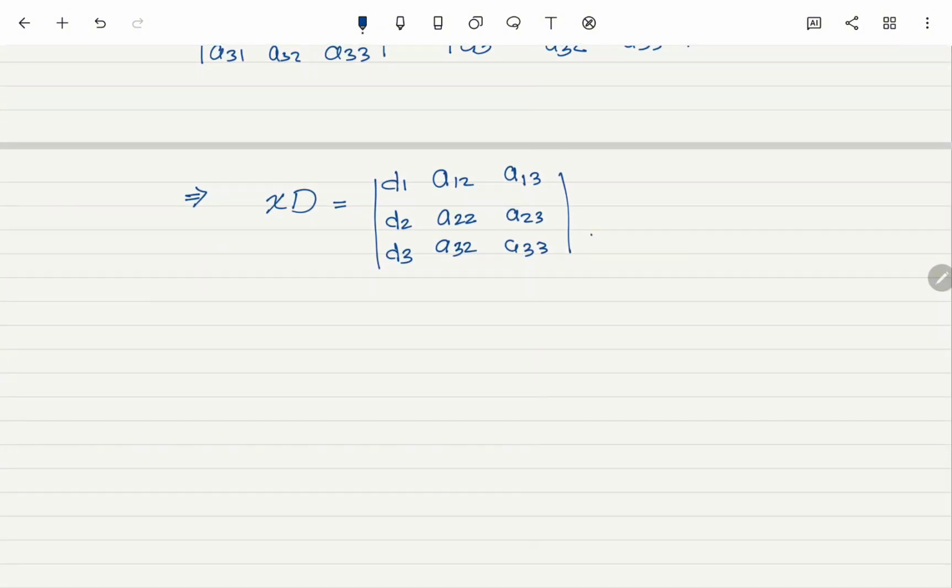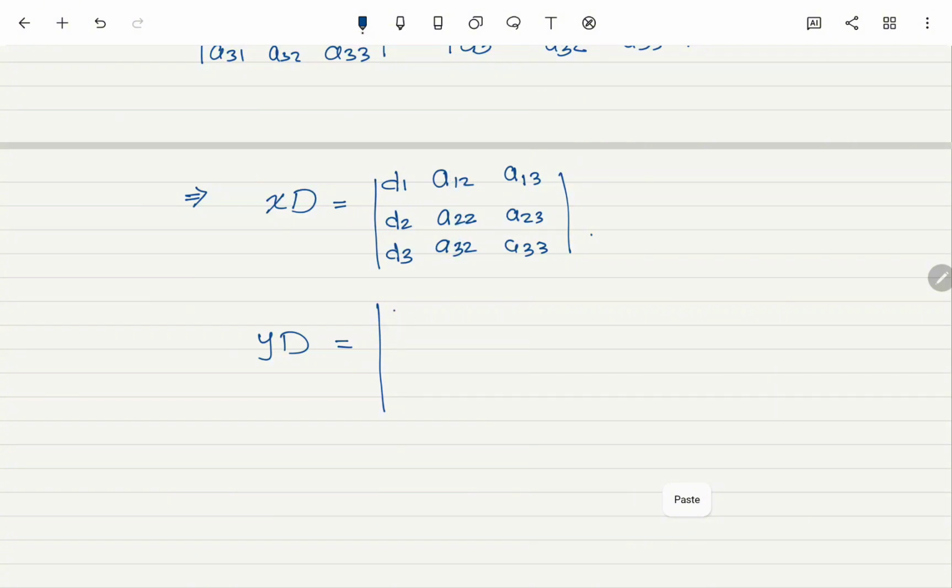Following the same procedure, y times the determinant D equals, now rather than placing d1, d2, d3 in the first column, they should be in the second column right here.